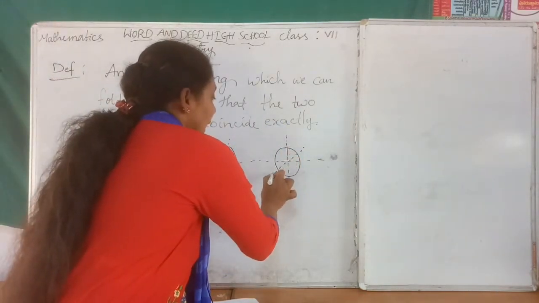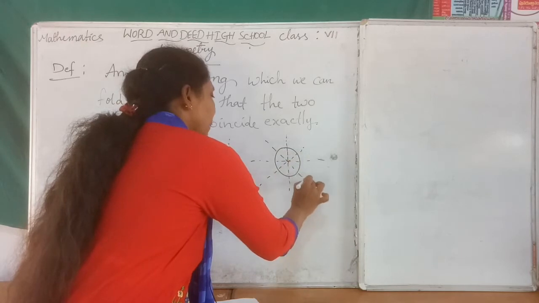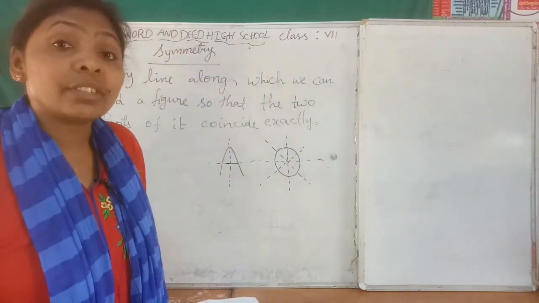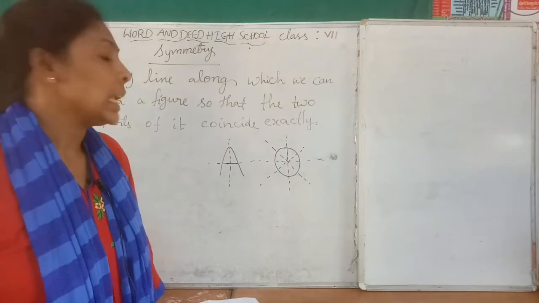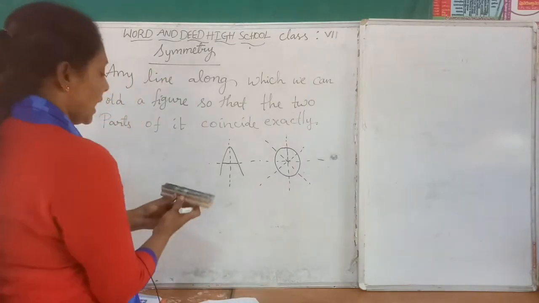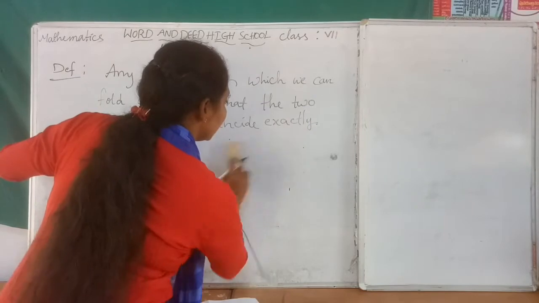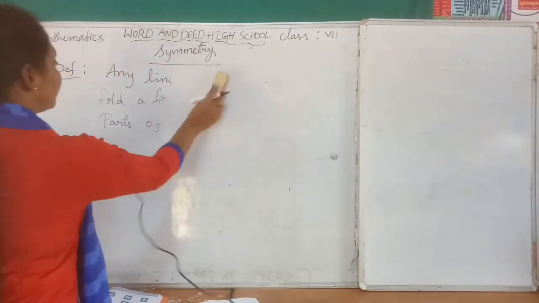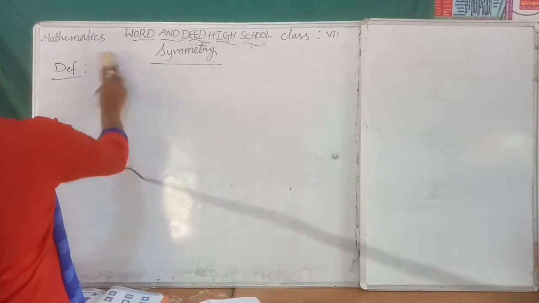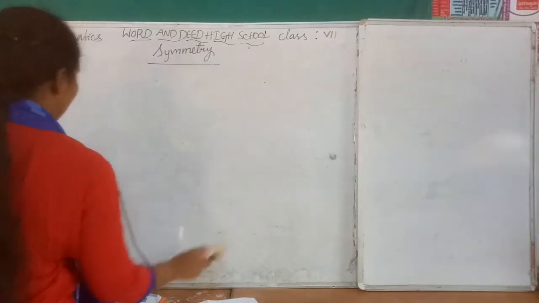See children, anyway, that means this alphabet O has countless lines of symmetry. Okay, so see children, multiple lines of symmetry we will discuss.